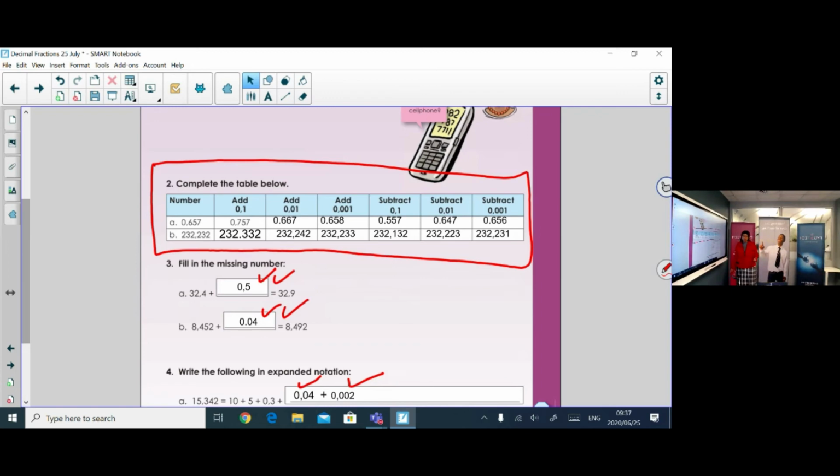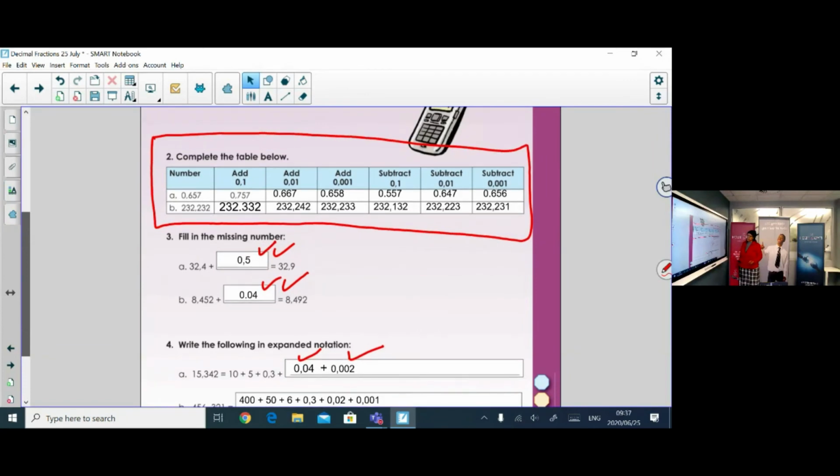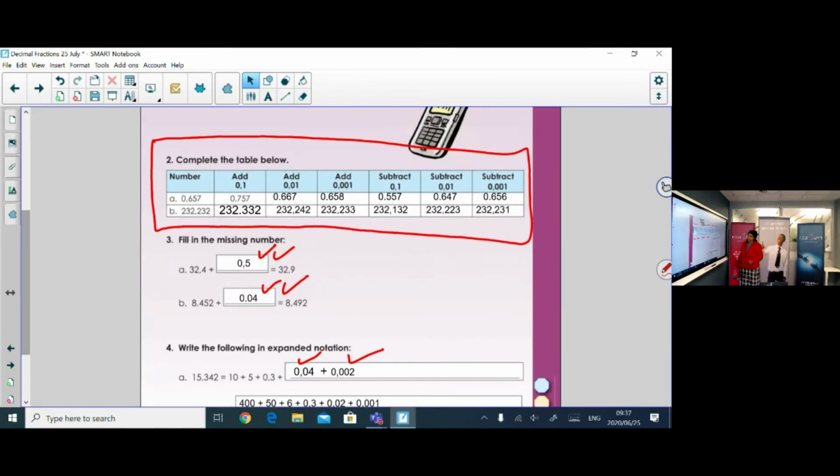So in other words, we are also introducing addition and subtraction on decimal numbers. Those who have a phone, just take a picture of that and then you'll share with the class.